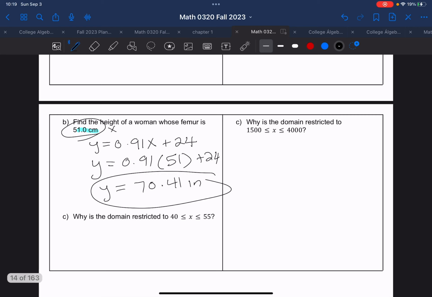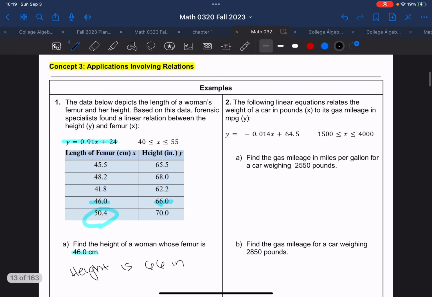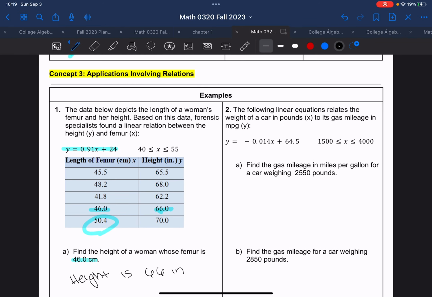Okay. Last question, it says, why is the domain restricted to 40 less than or equal to x, less than or equal to 55? When we're talking about this restriction, since it's a real life problem where these scientists had all this data and were able to find a linear relation, there are many reasons why they could have restricted that domain.